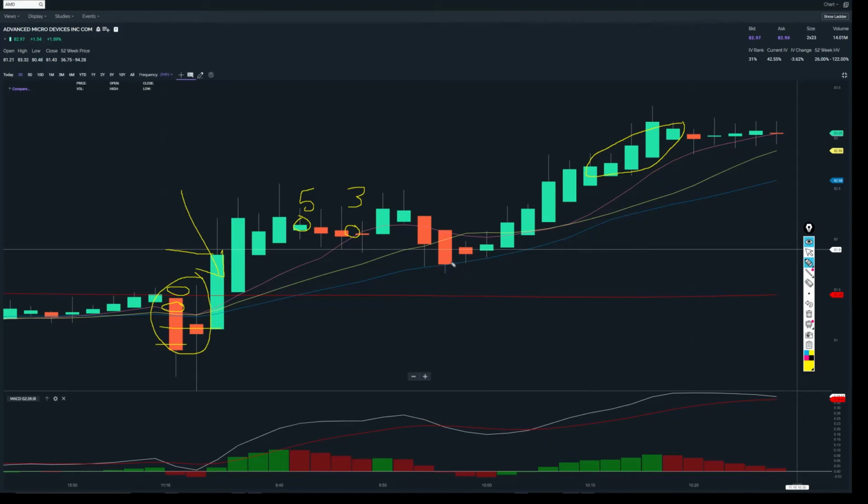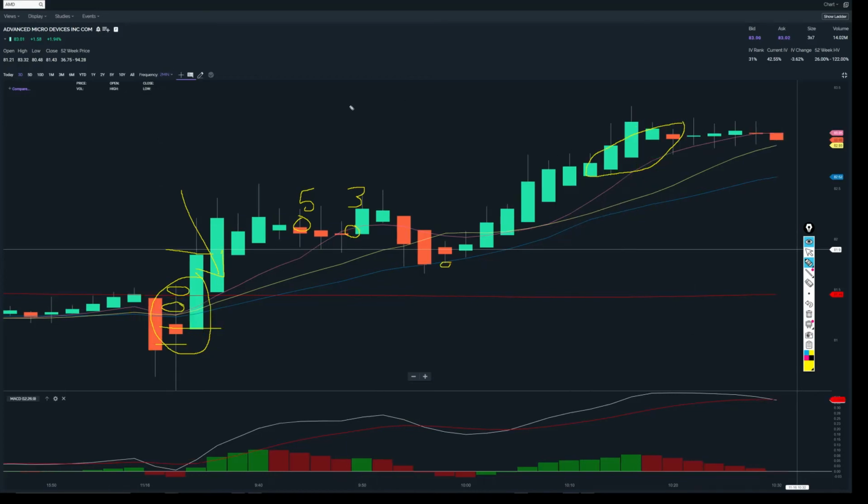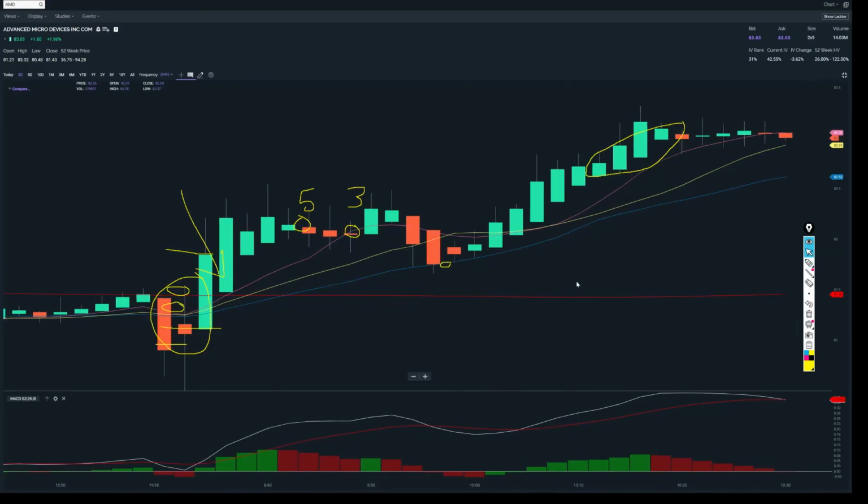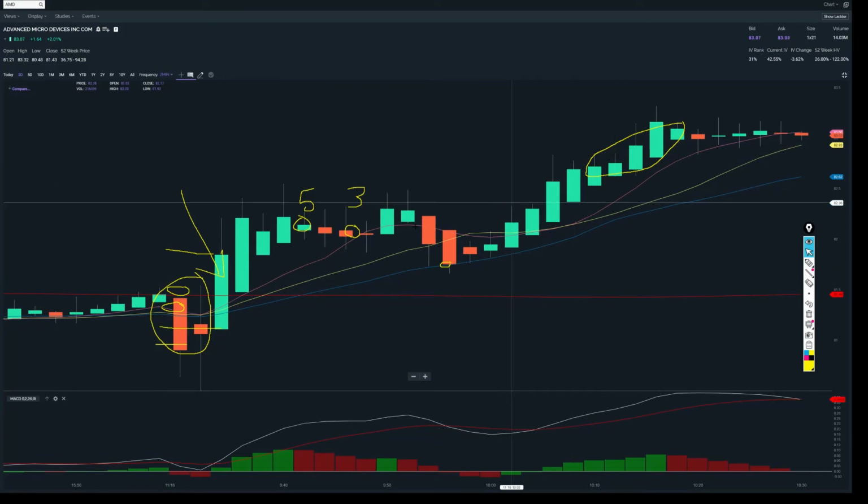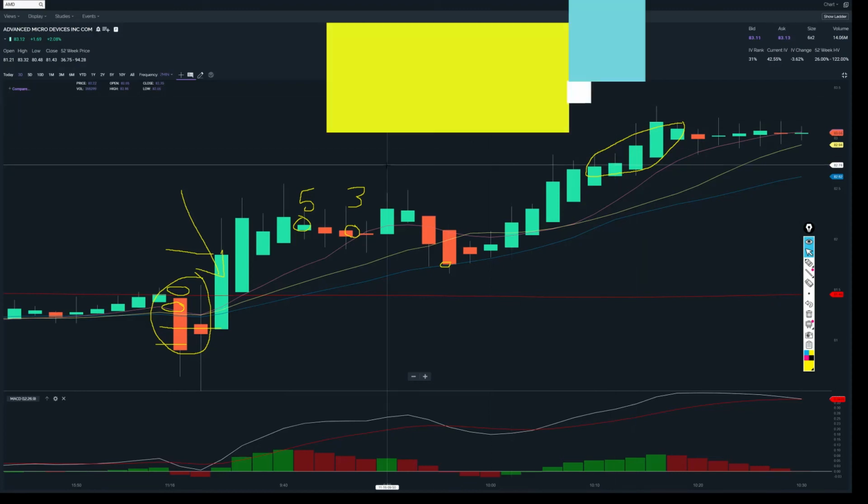And as you can see, it bounced off of the 20-period moving average, and it didn't get any further than that. We stayed in our trade, and we got out here. Let me move this back over. So adding both of these additions here and getting out here, we made about 484 total.